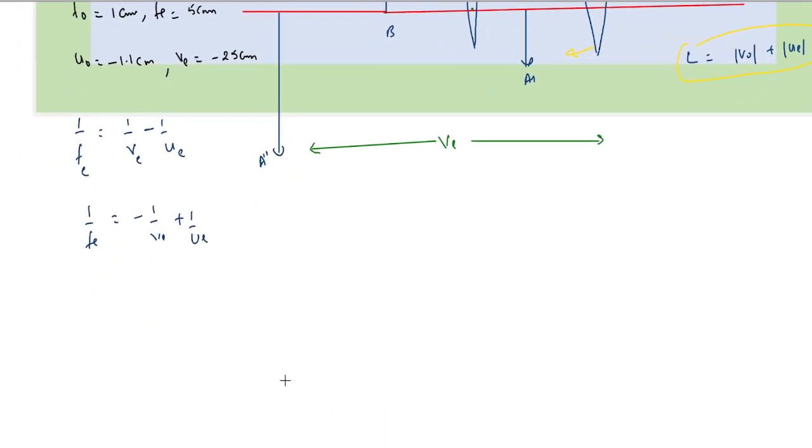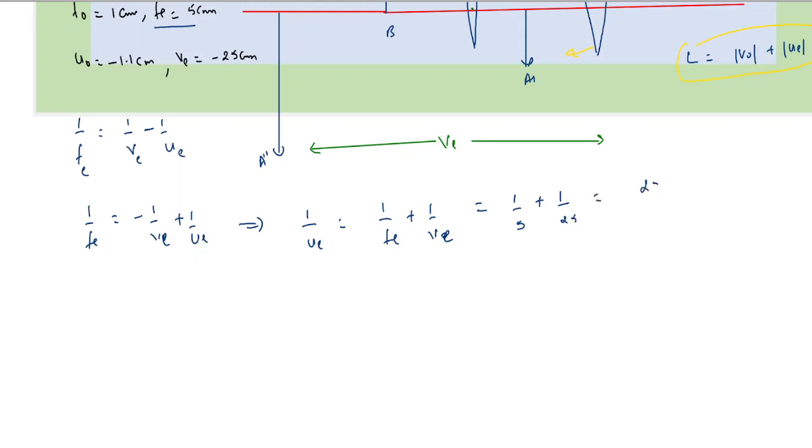From here, this implies 1 by UE is equal to 1 by FE plus 1 by V naught. FE is 5 centimeter. It's 1 by 5 plus 1 by VE, this is V basically. So V would be 25.